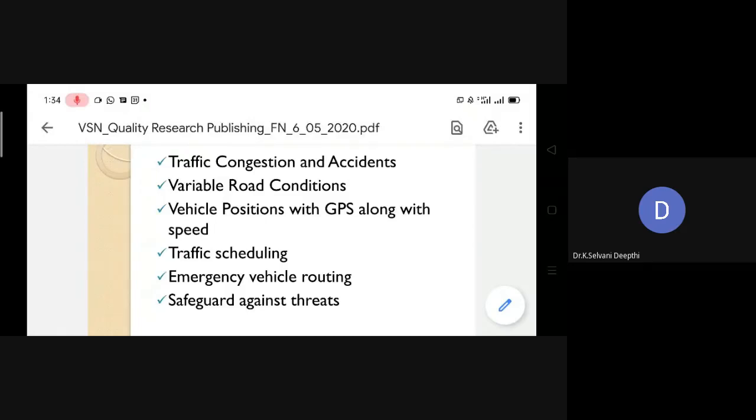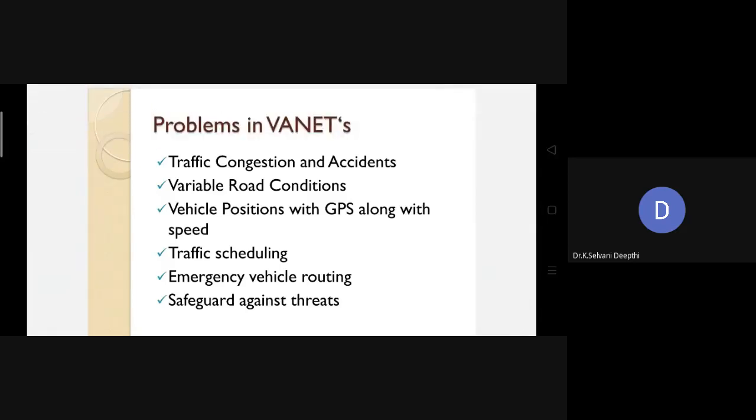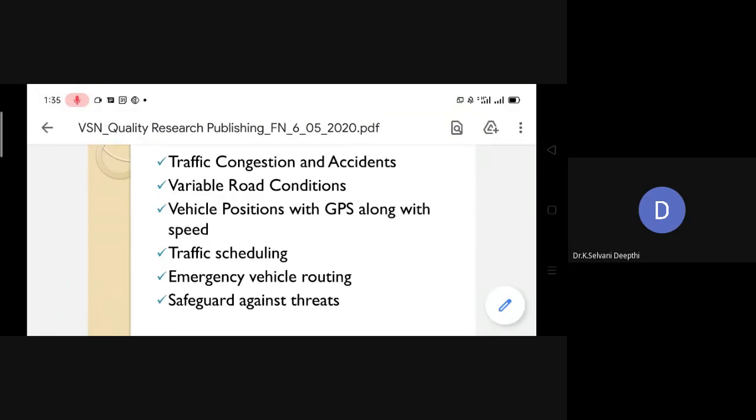And traffic scheduling also can be done. If you go to Vijayawada between 6 and 7, it is very difficult, because there is a lot of congestion among the vehicles, so traffic scheduling can be done. And emergency vehicle routing: there may be some emergency cases, and then you can alert others to go another way, so that a patient or somebody can save their life.